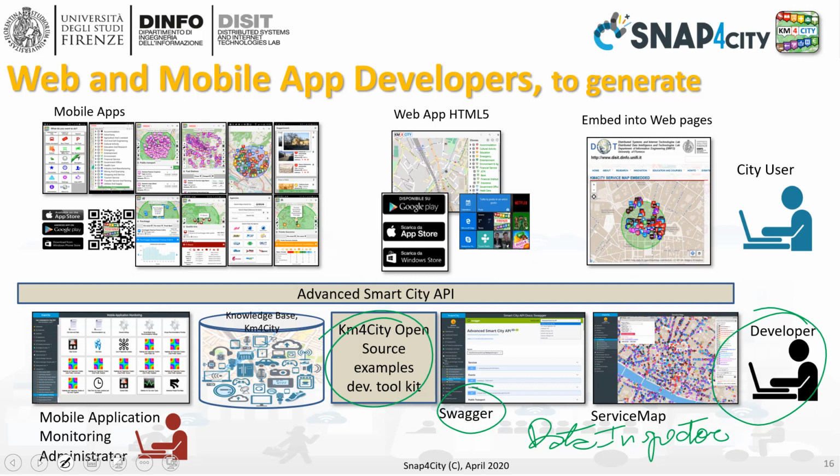Maybe in the second one there is a little bit more functionality. You can access the development toolkit from the GitHub portal, and exploiting this toolkit, you can develop your mobile app in two different styles, the KM4City style or the Snap4City style, two different series: the KM4City Where What series and the City in a Snap series from Snap4City.